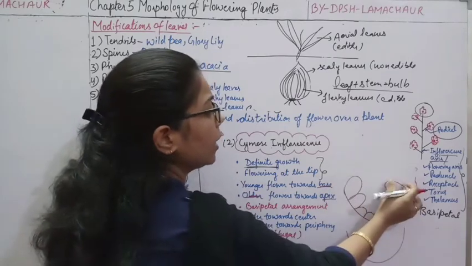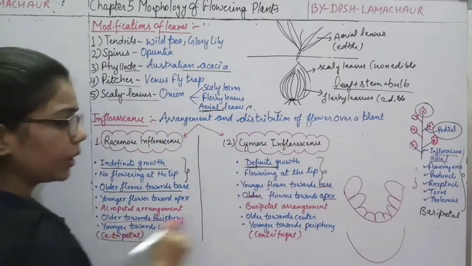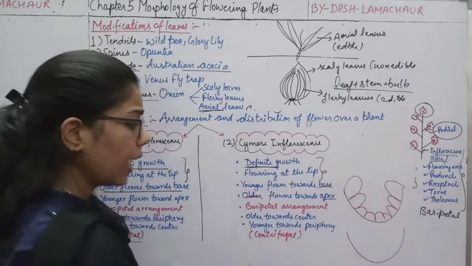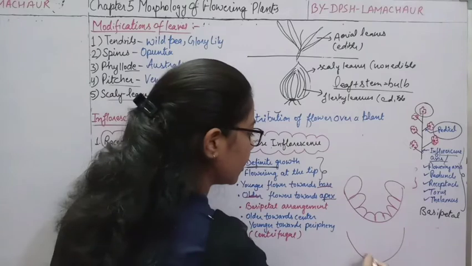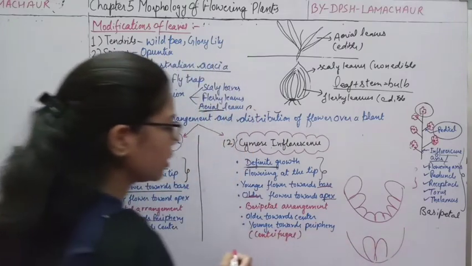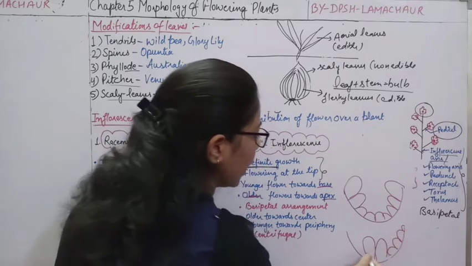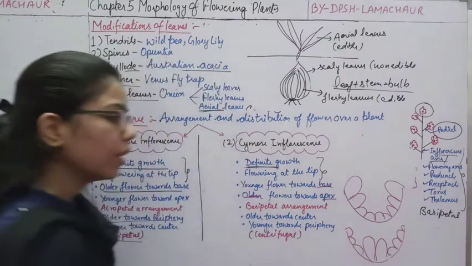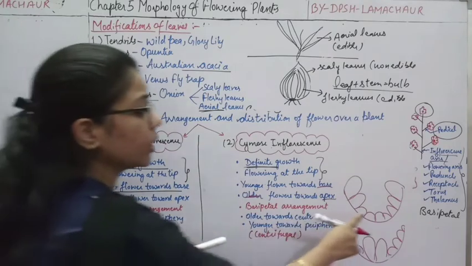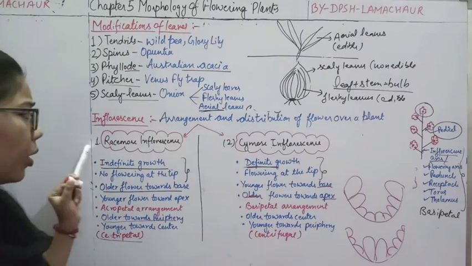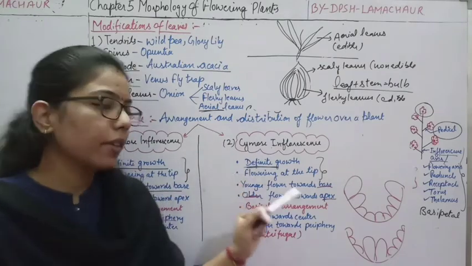The force is there. So that is centripetal, and another one is centrifugal. Centrifugal means that older flowers are toward the center, and the younger flowers are at the peripheral end. Are you getting it? What is centripetal and what is centrifugal? This differentiation is important between racemose and cymose inflorescence.